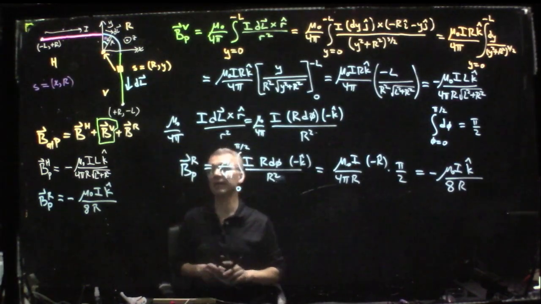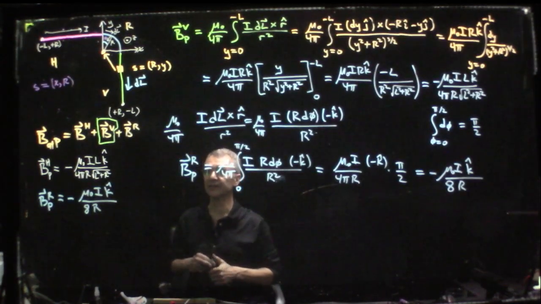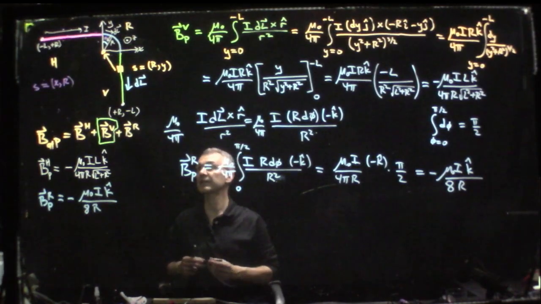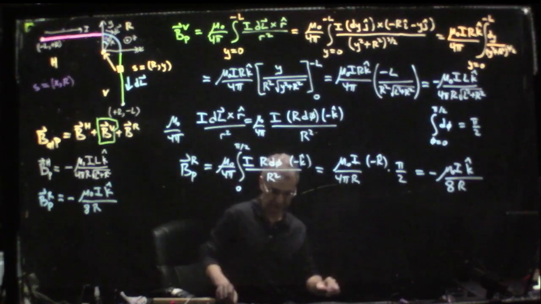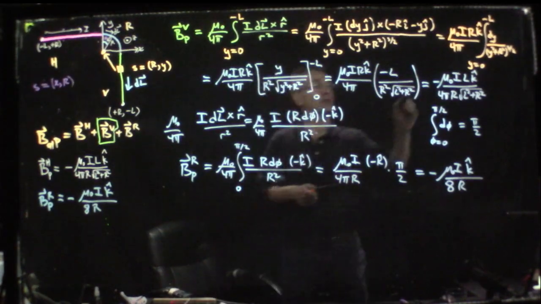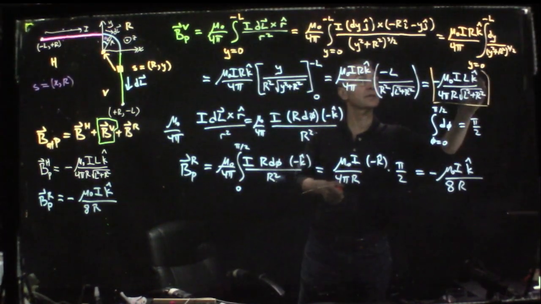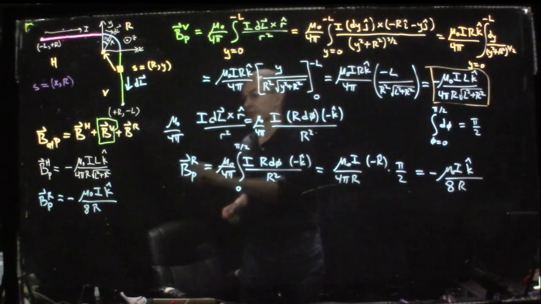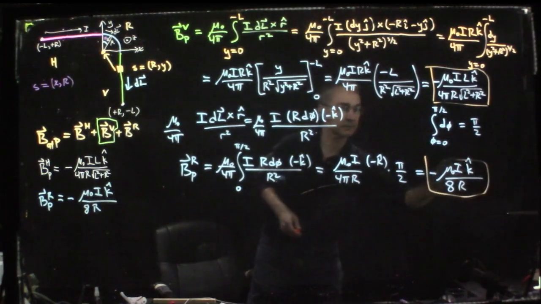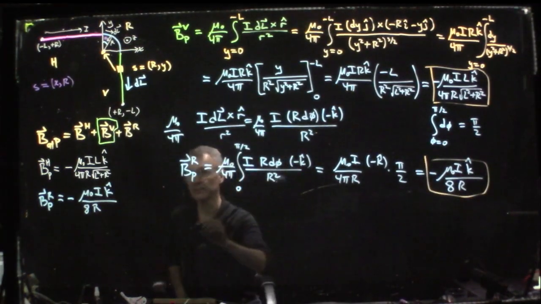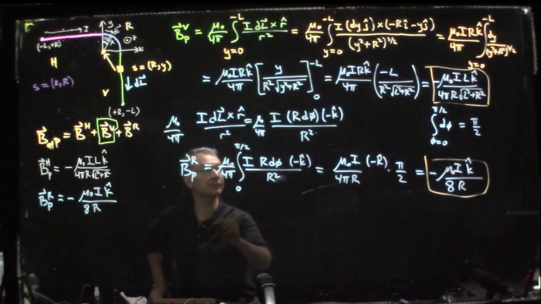Then we could combine all these together, and that's the final answer. We have this term, this is the second term, this was the first term, and here's the third term. The first and second terms are the same.